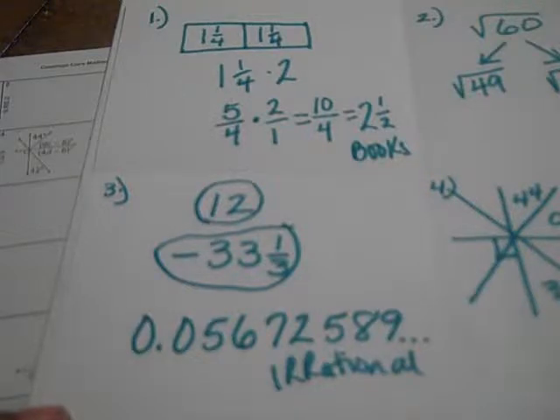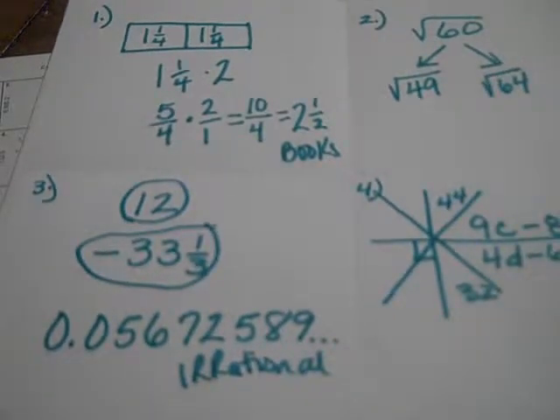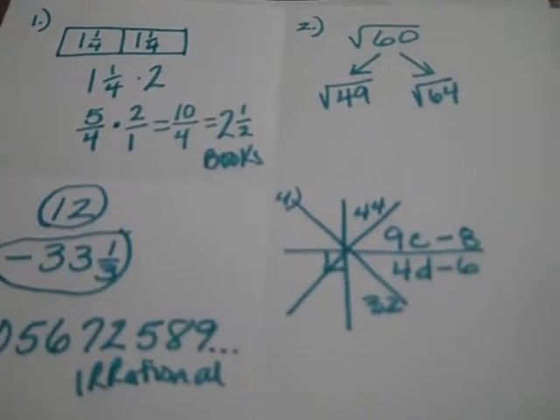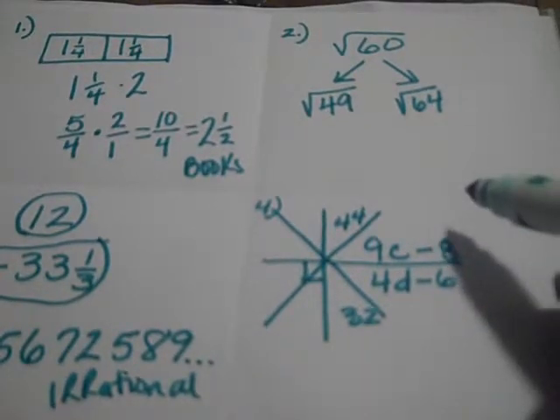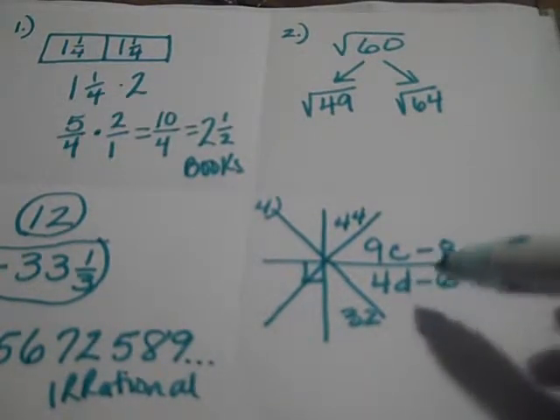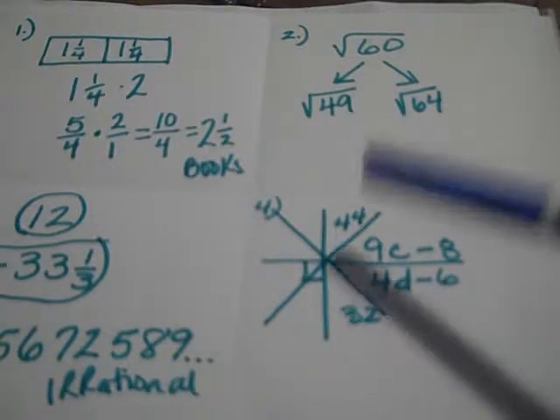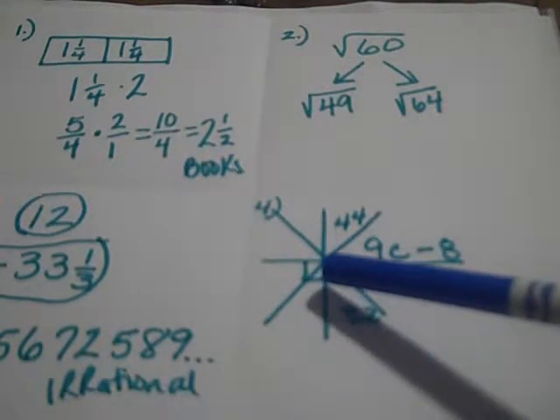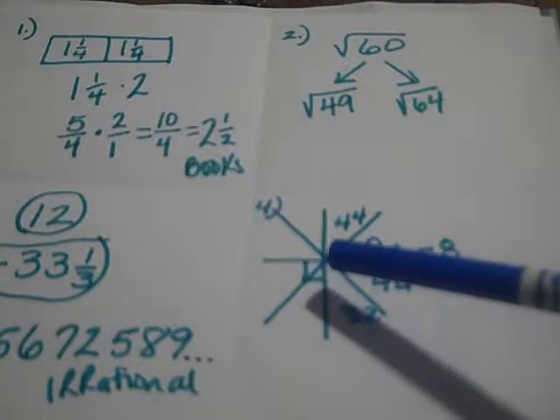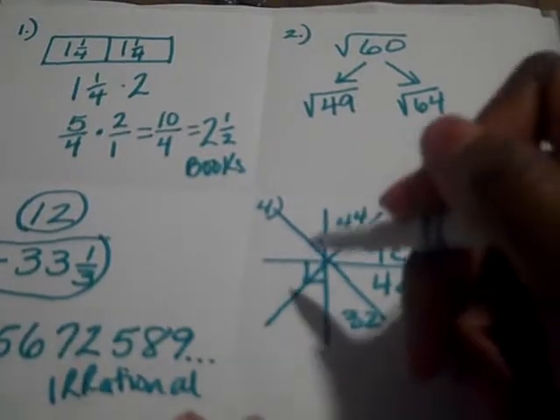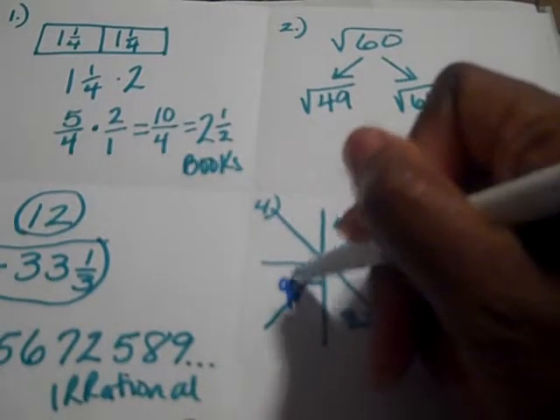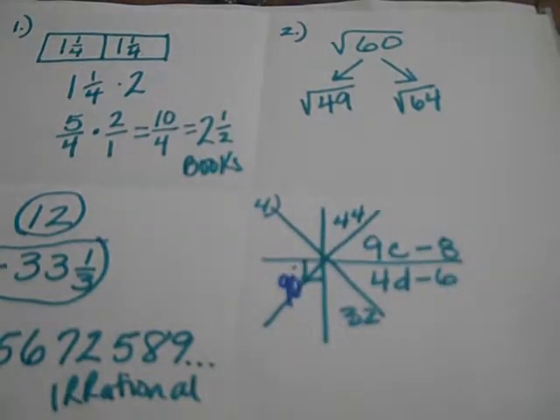Moving on to question number 4. In question number 4, we are solving for variables C and D. When I look at this figure, I notice that in the bottom left-hand corner, it has the symbol for a 90-degree angle. So I know that this angle here is 90 degrees.